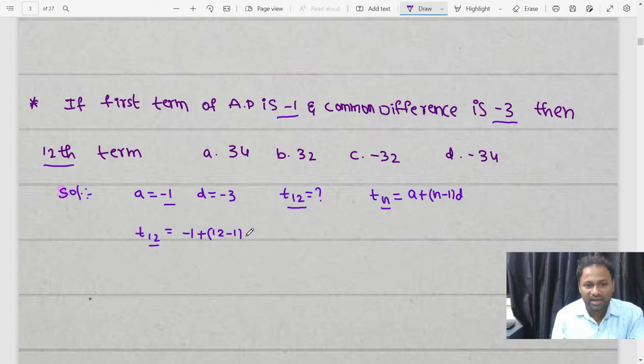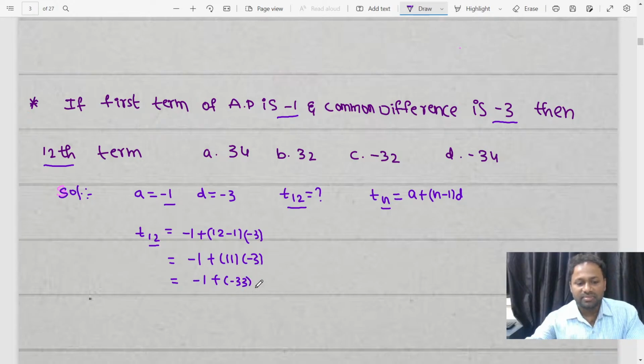D means we have minus 3. Okay, so we need to be careful for this. That is equal to minus 1 plus 12 minus 1 will be 11, 11 into minus 3, value minus 33.